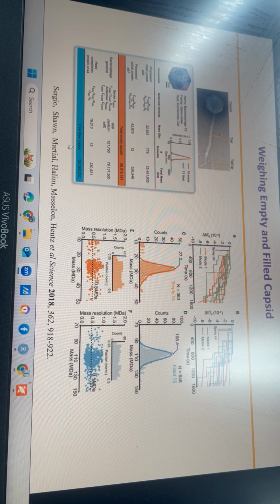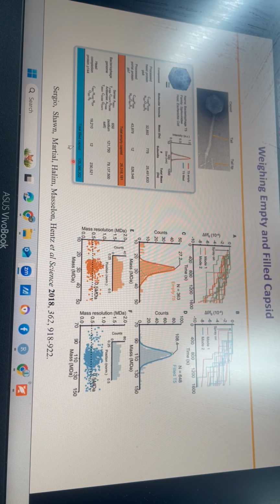Filled capsid means inside the capsid you have DNA or genome, but empty means you do not have DNA. So if there is no DNA inside the capsid, the theoretical mass is about 26 megadalton. But with genome, the mass is around 105 megadalton.